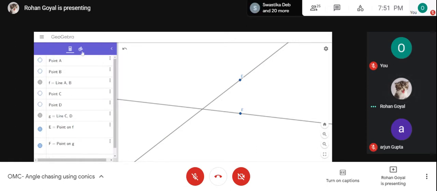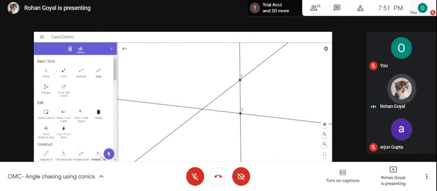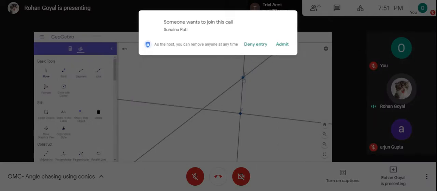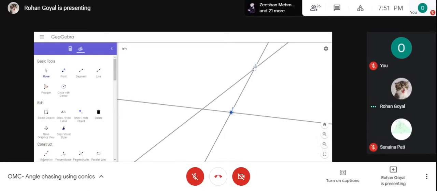A person E and a person F on each of the lines. E is moving at some constant speed, F is moving at some constant speed. As E and F move, the line EF always remains tangent to a fixed parabola.